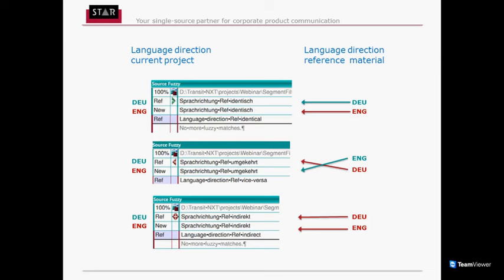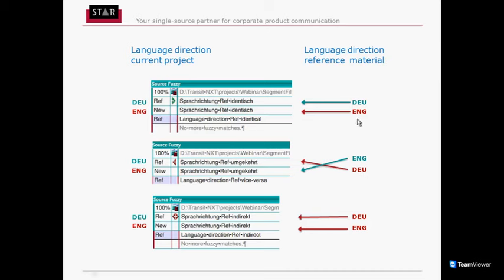Since Service Pack 7, we can indicate in our language pairs whether you are a source language or a target language, and whether you derive from a project where you were the source language or target language. That's why we can tell. And we can use our reference material all the way around.